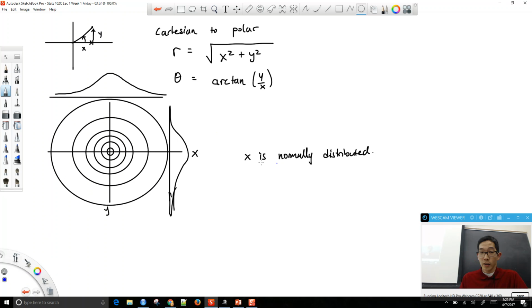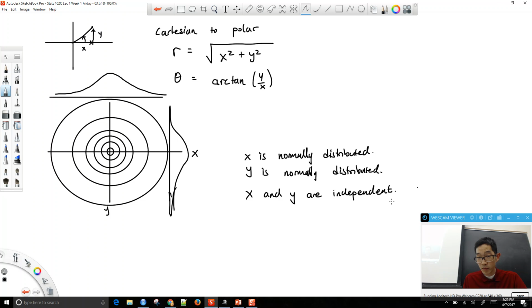So we're going to say x is normally distributed and y is normally distributed also. Okay, but x and y are independent.